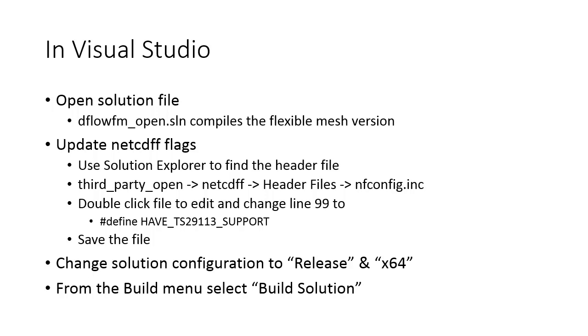You need to make sure you change the solution configuration for Visual Studio to release, and x64. It doesn't work for 32-bit. And then finally, from the build menu, you can select build solution, or you can right click on the solution in the solution explorer and select build.